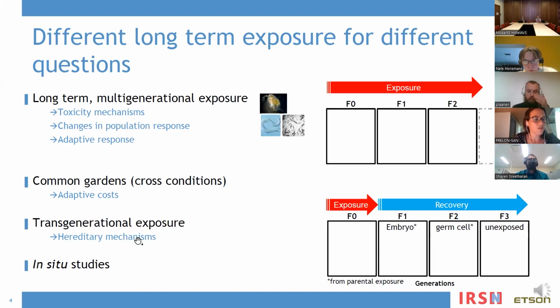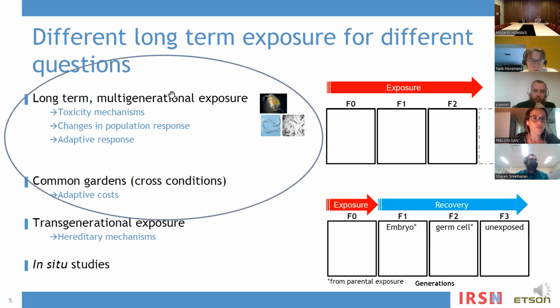Transgenerational exposure, on the contrary, with a parental exposure and recovery for progeny, is run to decipher hereditary mechanisms, and in situ studies are of main importance to evaluate the whole system in natura. Today, I will focus on these two main points to illustrate the importance of this exposure.